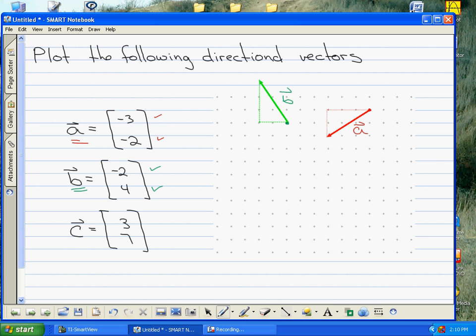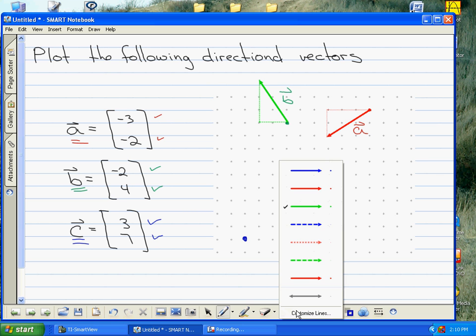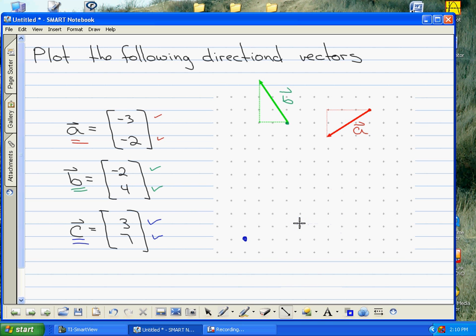Now vector C, which is right here, will be traveling in the direction of 3, 7. So first I pick a spot where I'm going to begin, and I'll just pick this spot right here. Vector C will be traveling 3 units towards the east, or +3, 1, 2, 3, and 7 units up, or north, 1, 2, 3, 4, 5, 7.